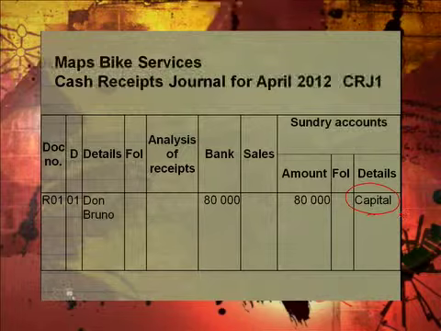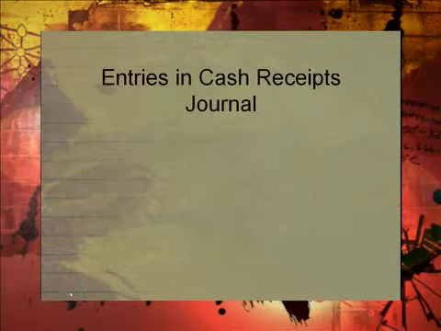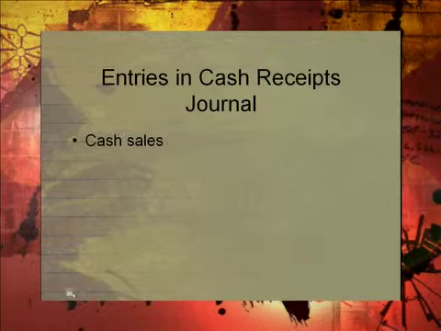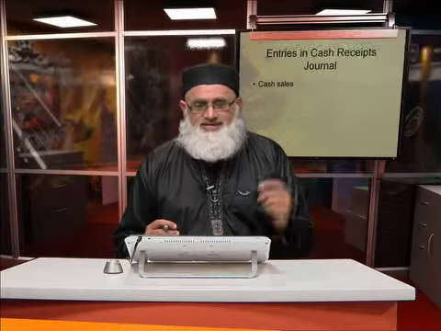Okay, let's move on. Now, what are possible entries that you could make in your cash receipts journal? Let's list them so you can see. Obviously, cash sales. All the monies that you are receiving in the form of cash sales will definitely be entered into your cash receipts journal.